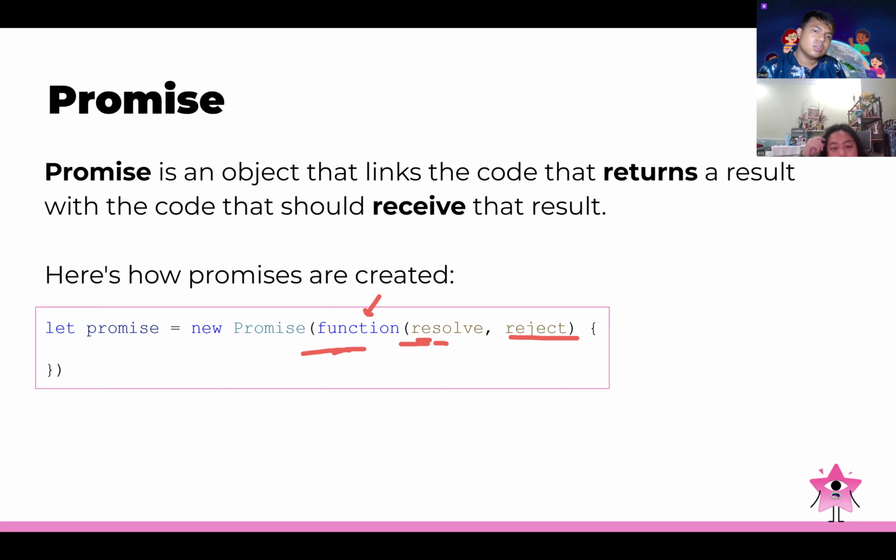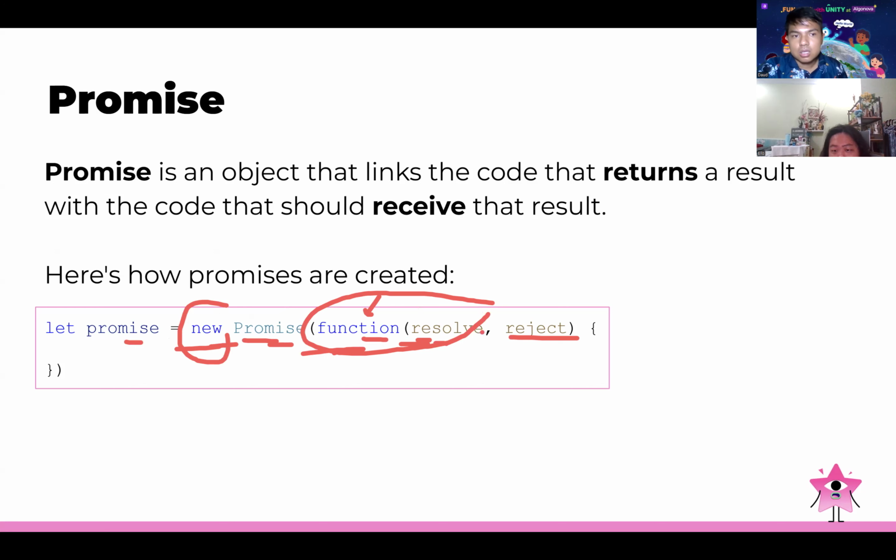Okay, so you already know about new. It's creating an object from the class. So it will create a new object called promise from the Promise class. Then it will run the function. If the function runs correctly, meaning there's no error, then it will return the result.